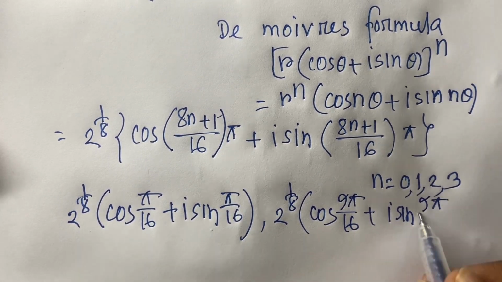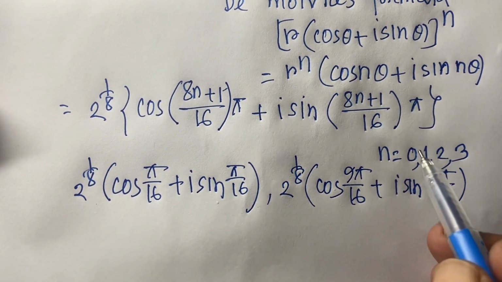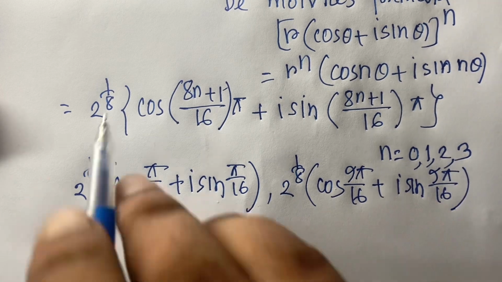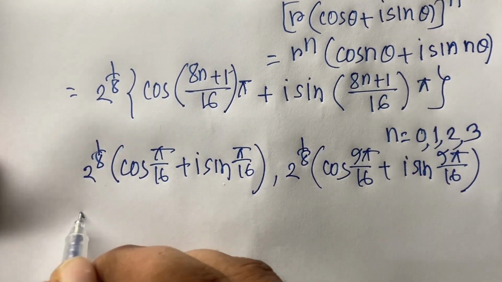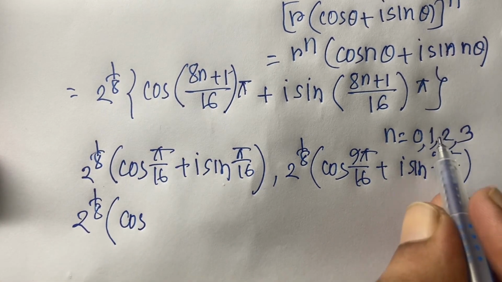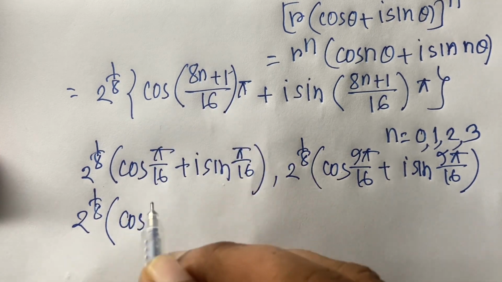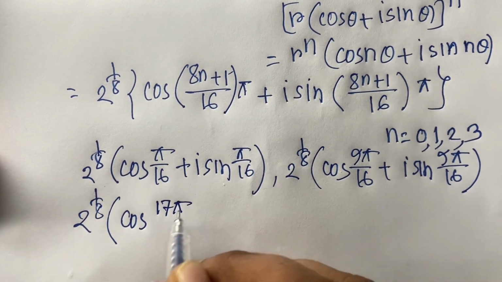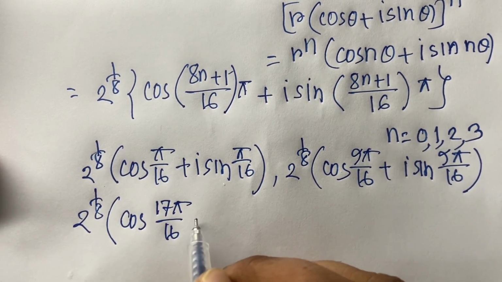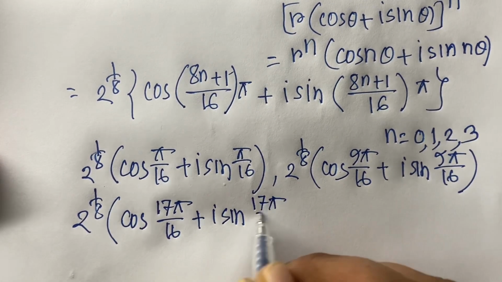Again, when n is equal to 2, 2 times 8 is 16, 16 plus 1 is 17, so it is 2 to the power 1 over 8 times cos 17 pi over 16 plus i sin 17 pi over 16.